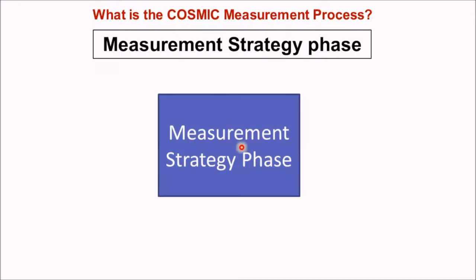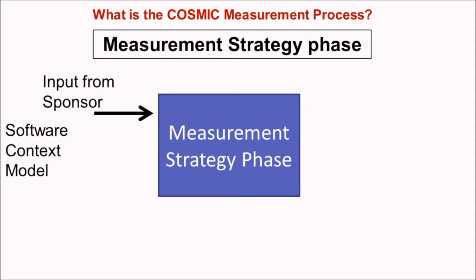If we look at it semantically, in the measurement strategy phase, there should be an input from the sponsor who will provide the purpose and the scope of the measurement. And we will apply the software context model and provide the functional user requirements.